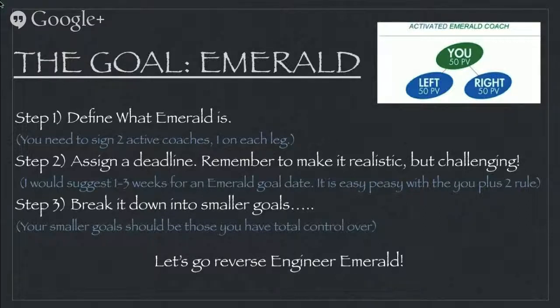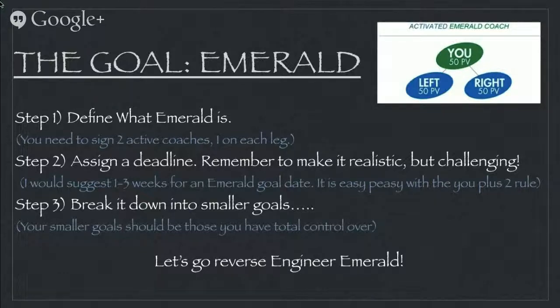Step 3, you need to break it down into smaller goals. Your smaller goals should be those that you have total control over. So what that means is you don't have control over how somebody responds to you. You don't have control over if they say yes, or if they say no, or if they ignore you, or if they're a total jerk to you and tell you that you're some lunatic out to scam them.